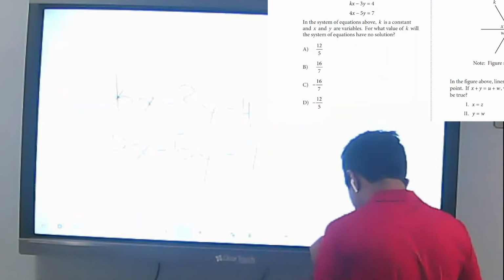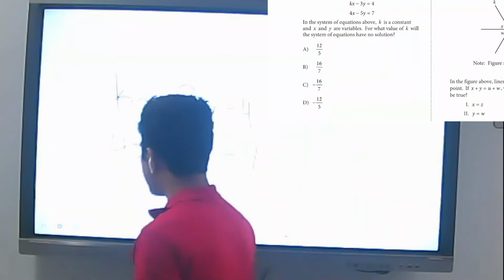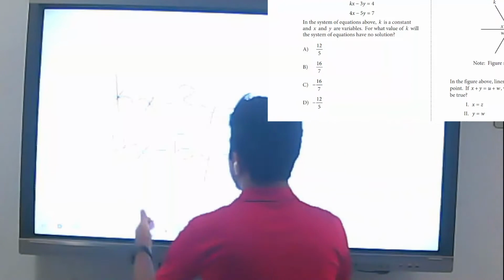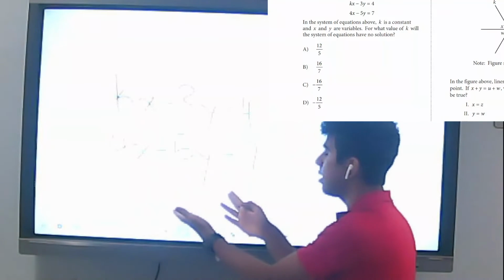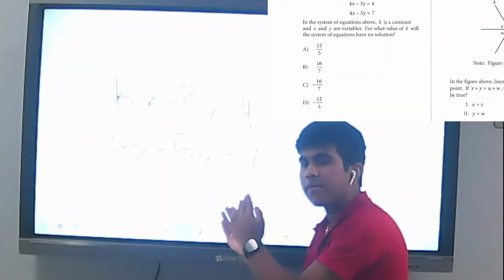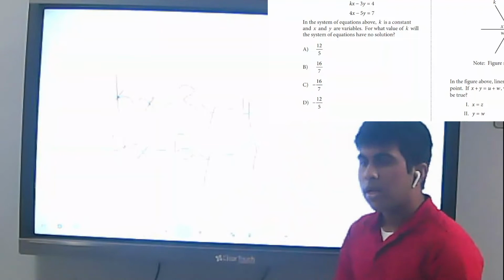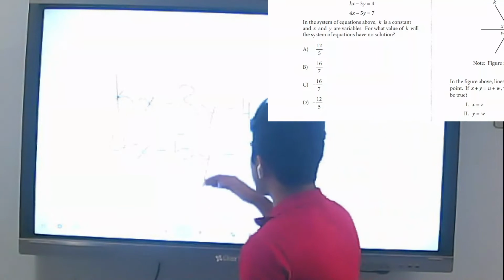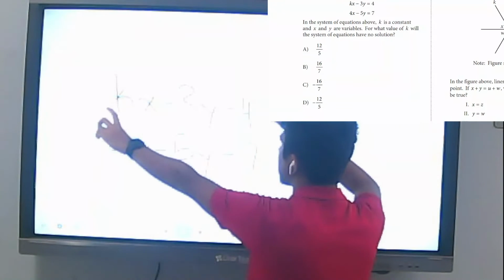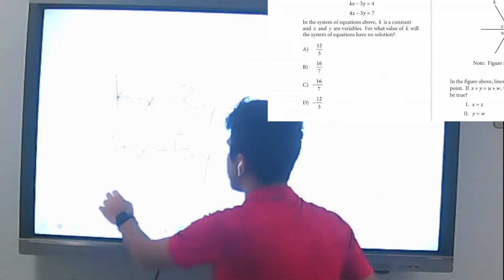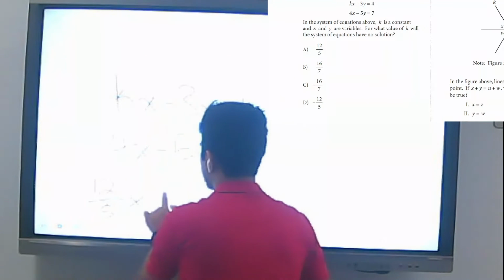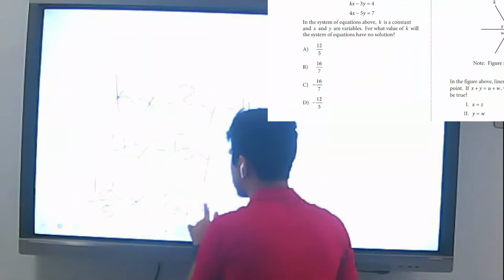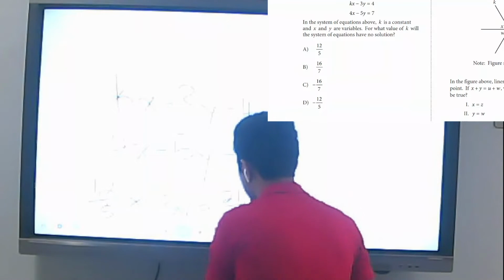So the only way for something to have no solutions is if you can rewrite this, say, as 4x minus 5y equals something that's not 7, right? So let's make this the structure of that. We're going to multiply by 3/5, and you have 12/5 x minus 3y equals 21/5.